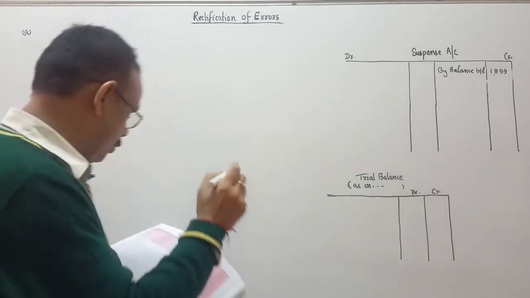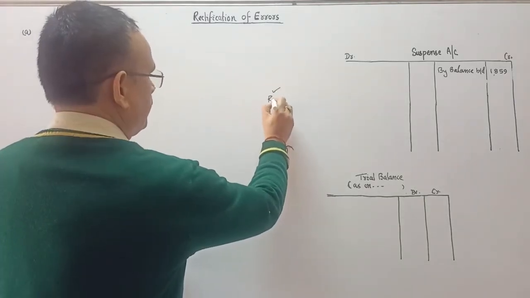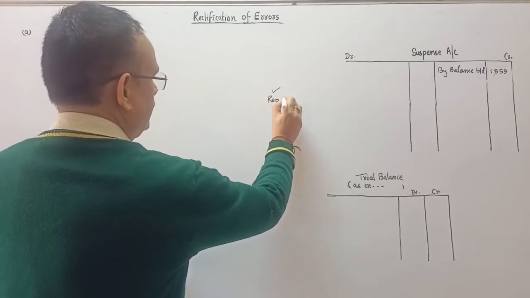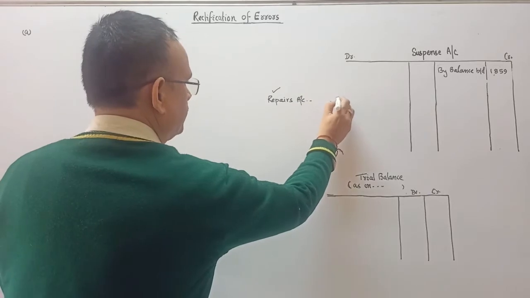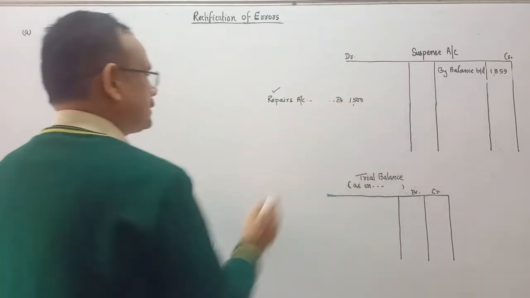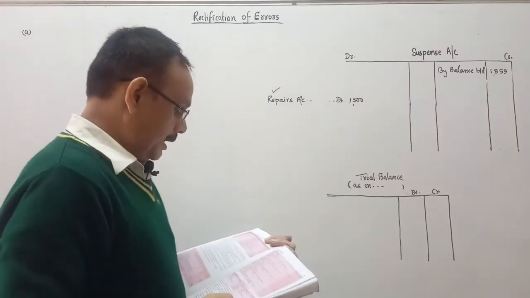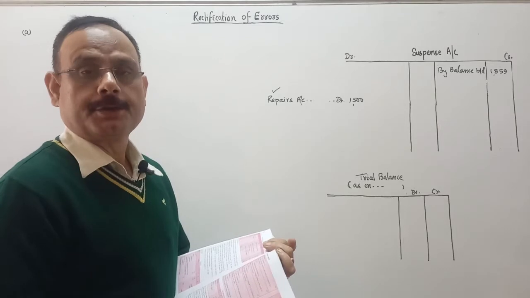Amount payable to Govind Ram for repairs. If you see the right entry, repairs account debit 1500. This is the right entry. And radio supplied rupees 9500 by Govind Ram.